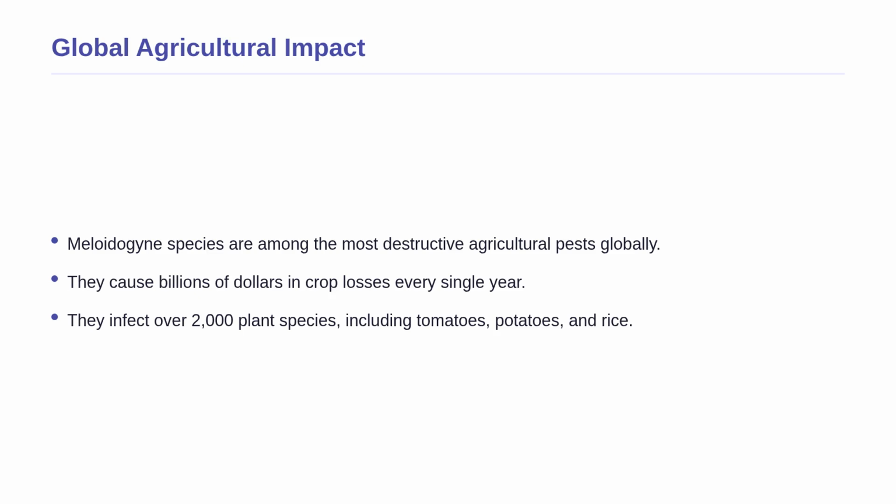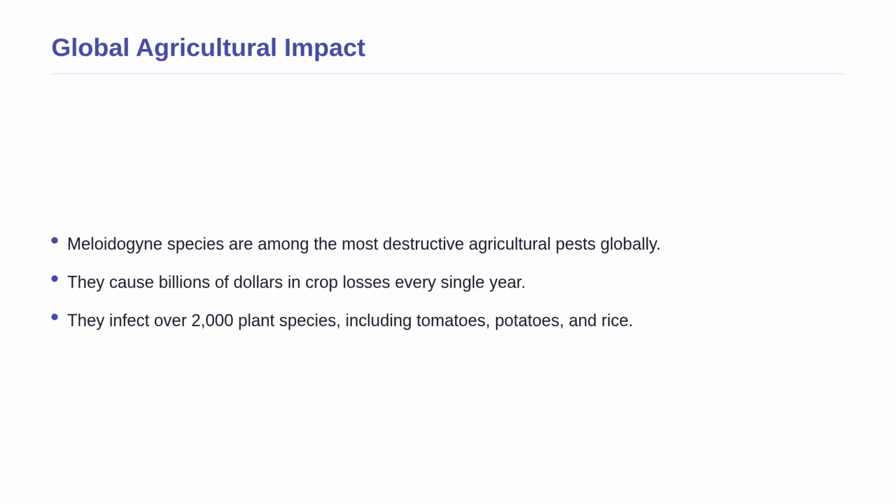Now that we understand the biology, we must ask, why does this microscopic worm matter so much to human society? The reality is that Meloidogyne species are considered one of the most economically destructive agricultural pests on the entire planet.